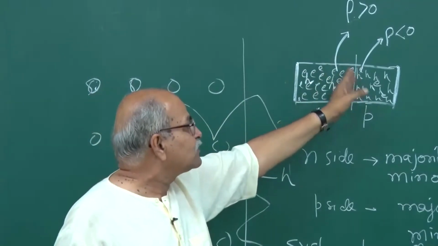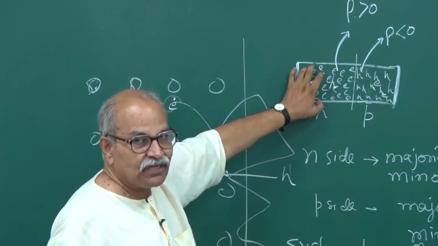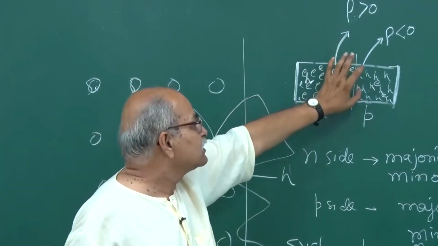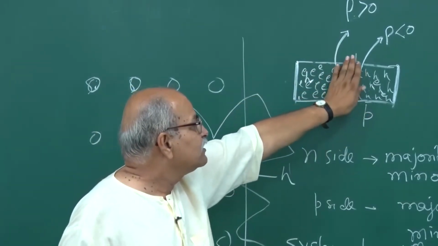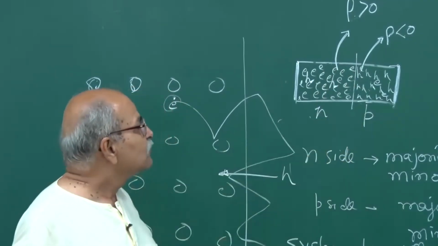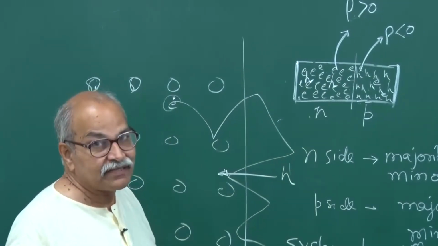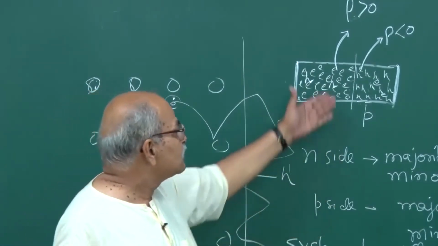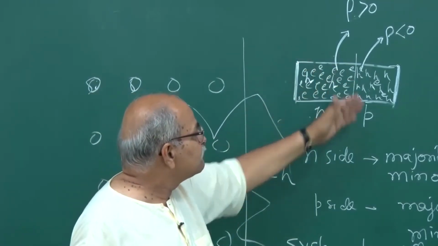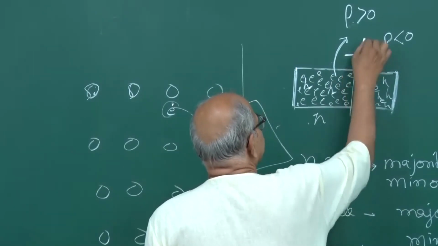Close to the junction this will happen, and away from the junction the situation is still neutral. So this charge density appears only in a small portion close to the junction. Why? That is because once the charge densities are there, you will also have an electric field. If the positive charge density is here and negative charge density is here, you will have an electric field like this.